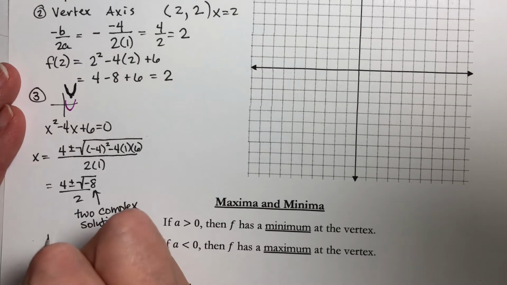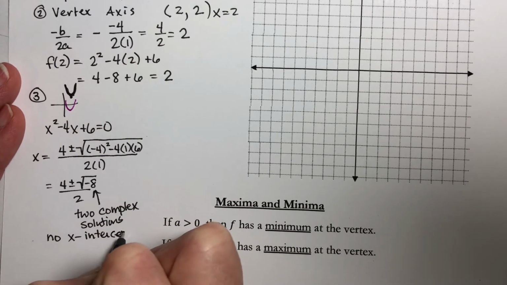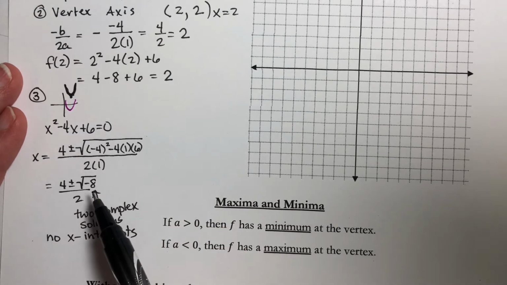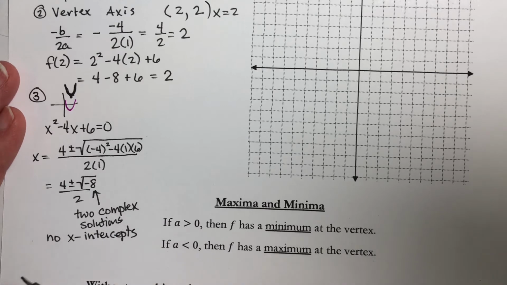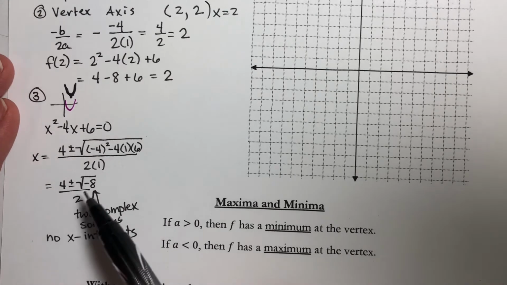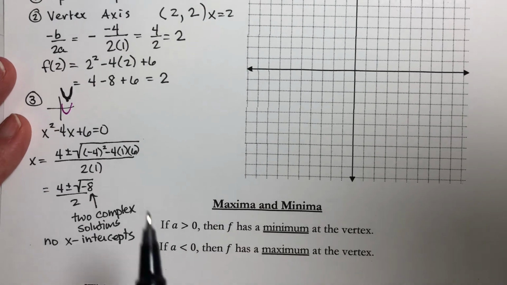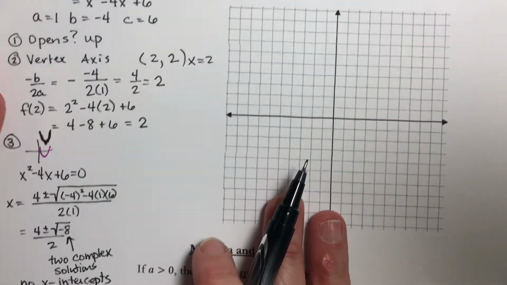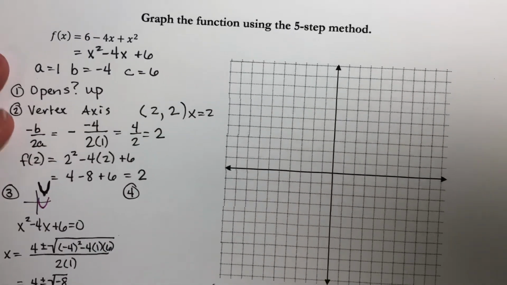That means there are no x-intercepts. If this had been anything other than a negative, I would have been able to find at minimum 1 x-intercept to graph. But this gives me imaginary answers, so I can't plot that. It doesn't ever cross.